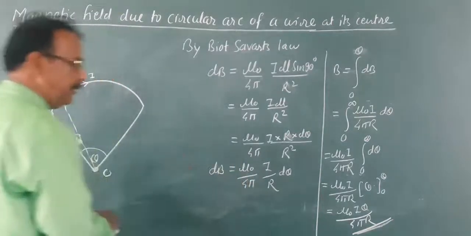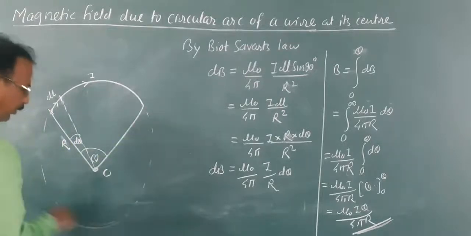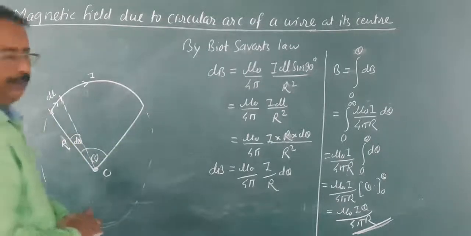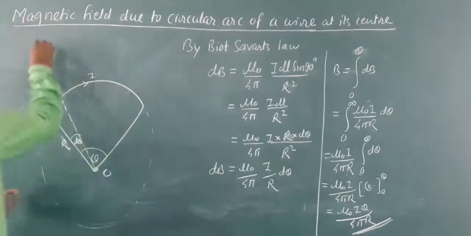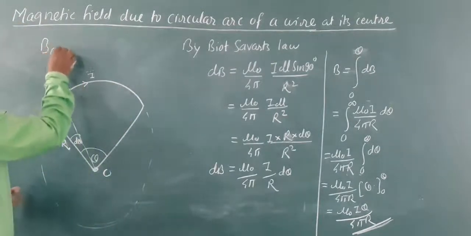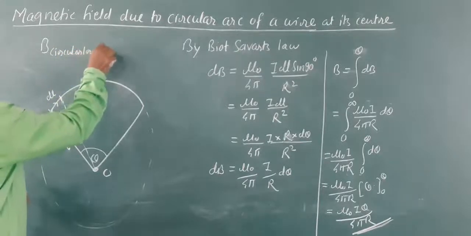From this result, we can find the magnetic field produced by a circular loop at its center. Just we have to replace theta by 2 pi. You can write here B due to circular loop. How much?